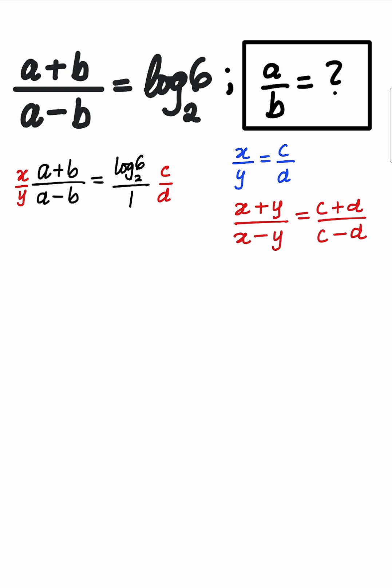So let's then apply the rule. We then have here that (a plus b), which is x, then plus, take note, y, and our y here is (a minus b), then all over x, which means you're repeating this again, so here you have (a plus b), then minus y, which is (a minus b), then equals.